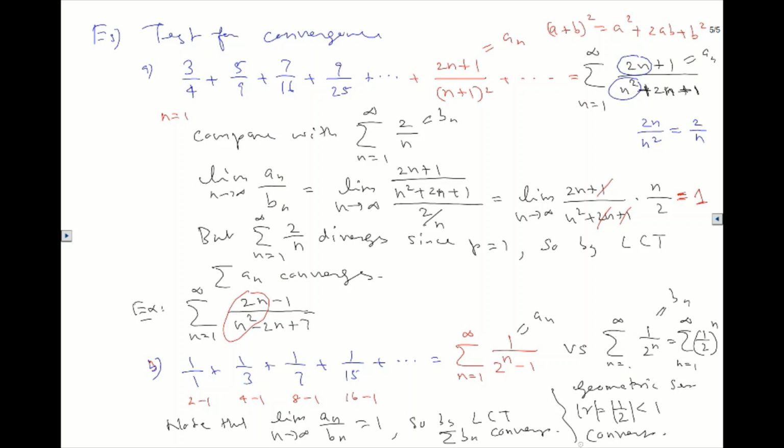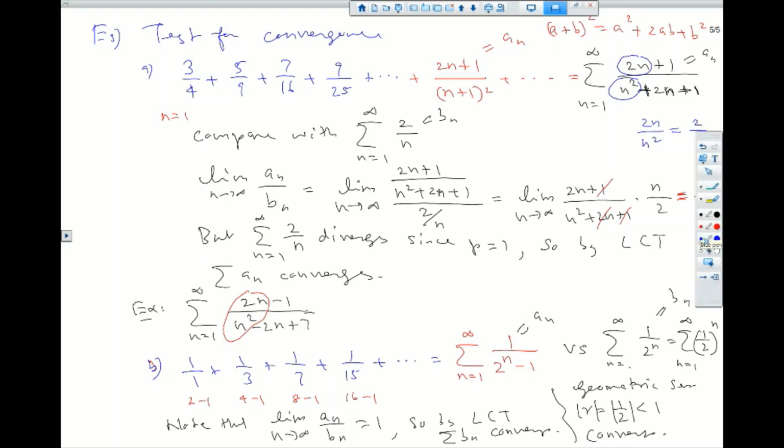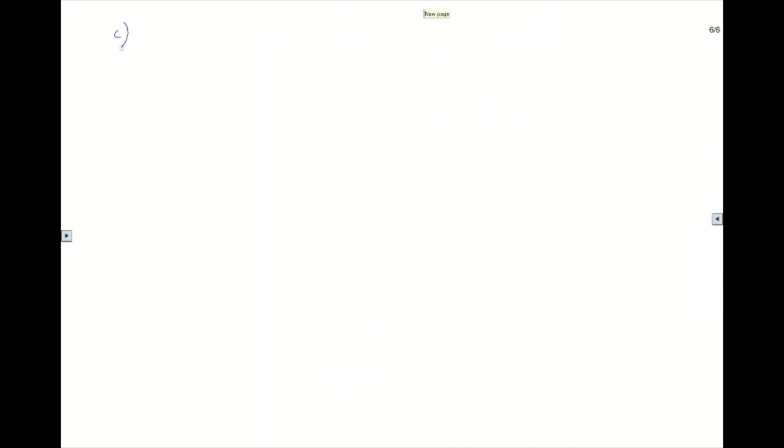Let's do maybe just one more problem. Remember again, only consider the largest terms, and you can ignore everything else, especially when you're talking about limit cases. So part C. How about this one?